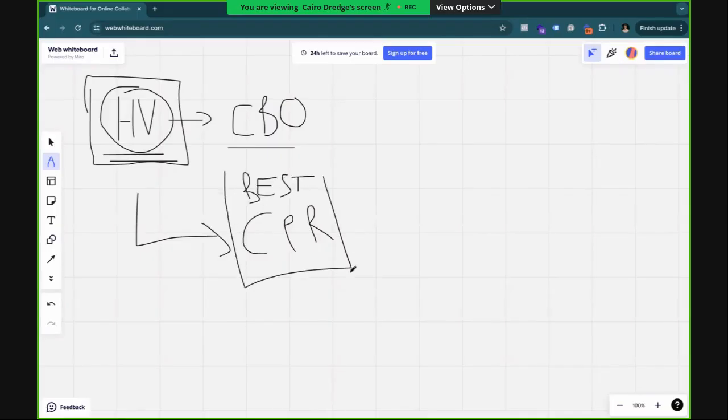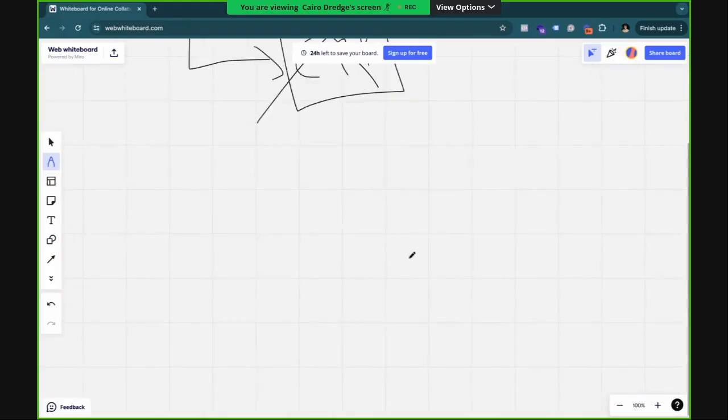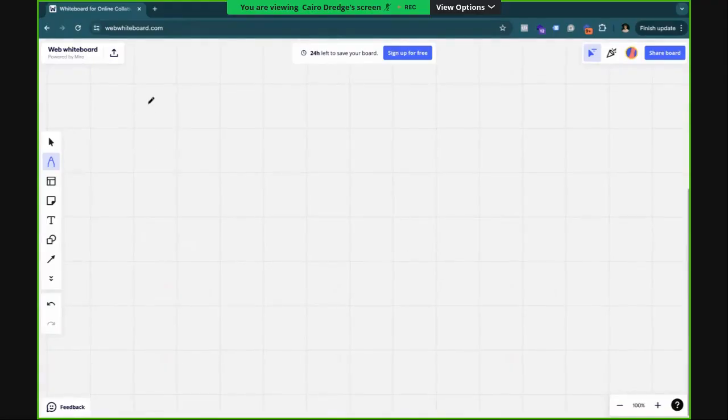So the idea that highest volume is not equal to having the cheapest cost, and the reason for that is that we have two things here: balance, and some of you might have heard me talk about this balance before, where we have efficiency, and we have spend. So the control that we have over efficiency and the control that we have over our spend. And this is true for lead gen and for ecom.